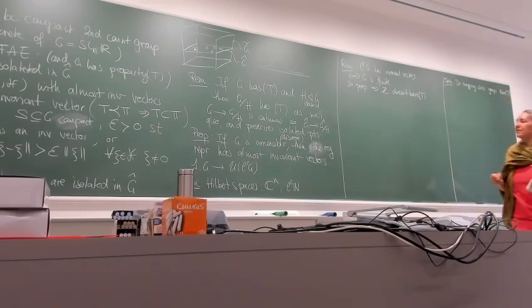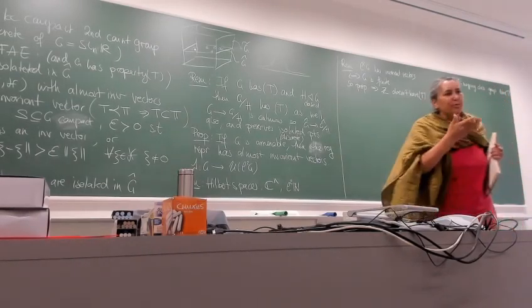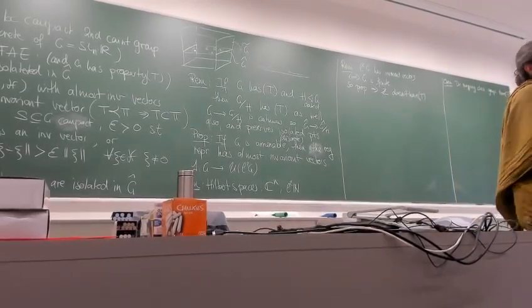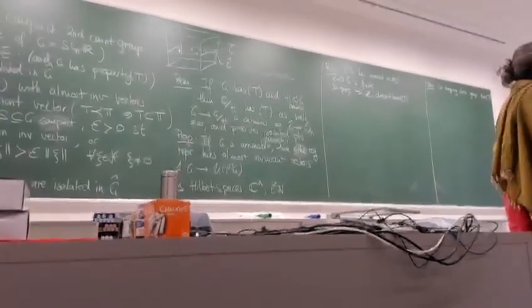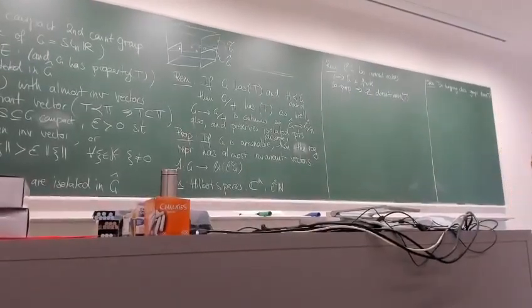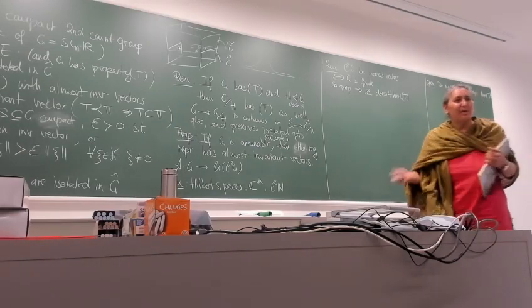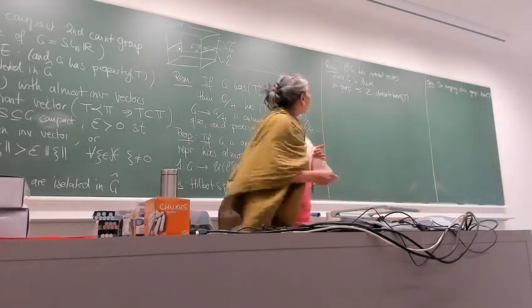The reason why we'd like to know is because people are interested in first homology groups, and if you have property T, the first homology group is going to be finite. So that's for free, that gives you that all those first homology groups are not there.